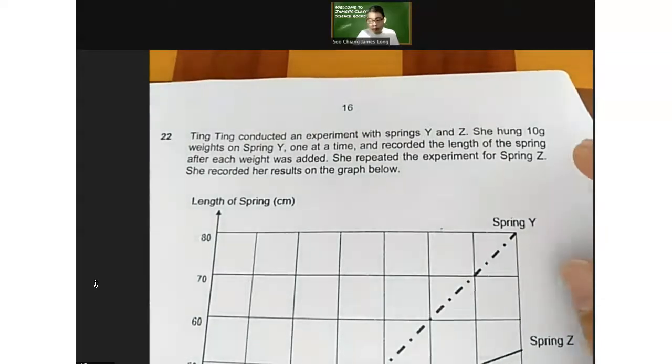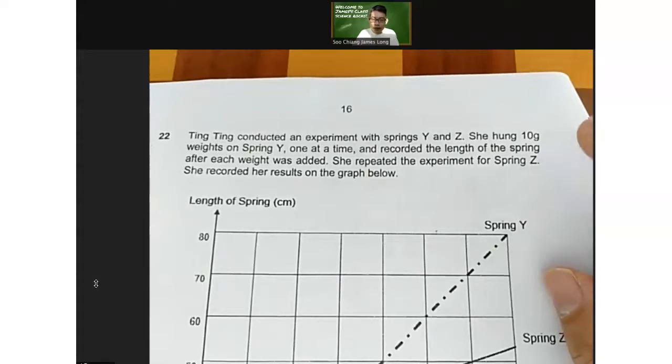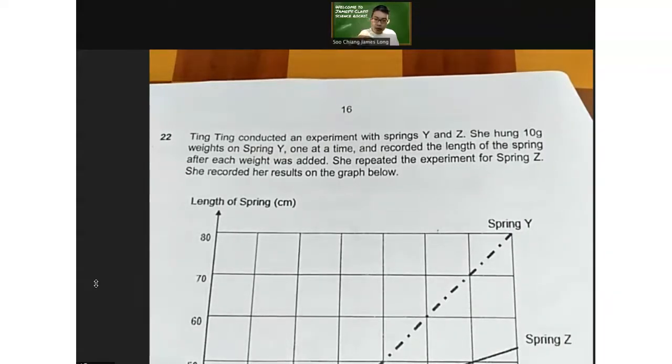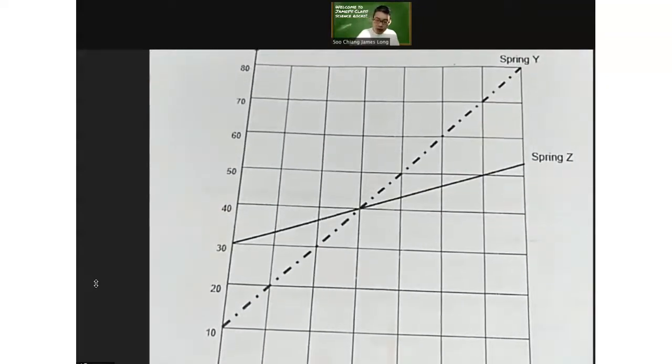Now, for those who want to do the experiment again, you can log into your Explore Learning Simulator. There is this task that I assigned you to do before, adding weights to springs to look at the difference between extension, extended length. So you notice that these 2 springs have a different original length.